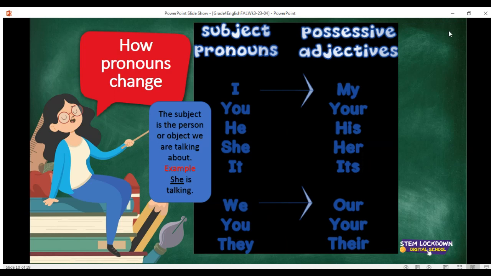Then on the right-hand side, I've got my possessive adjectives. So don't be confused now when we're talking about adjectives, because this is just showing me who owns the noun. So don't be afraid now when you see possessive adjective. That's just the name for these words.